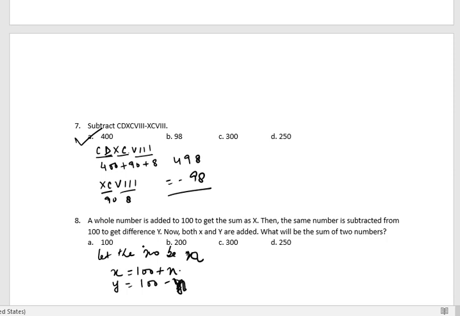So the whole number is added. Let the whole number be N. So when we are adding, the sum is becoming X. When we are subtracting the same number, it is giving us Y, and we have to add X and Y.